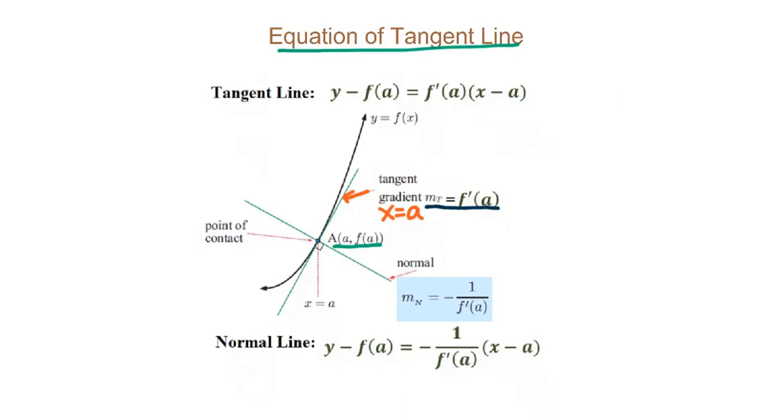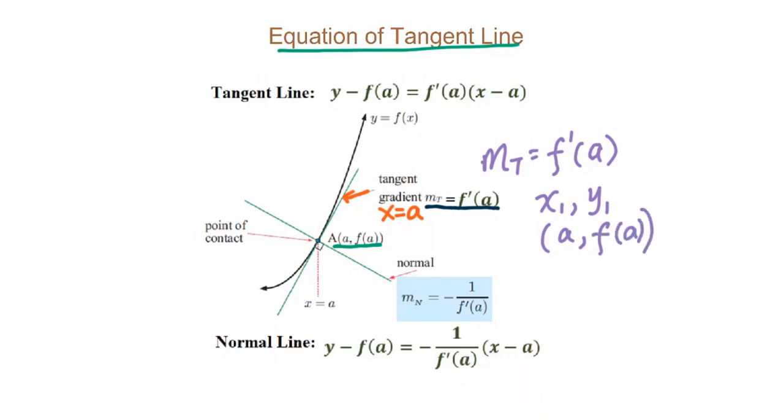If we know the slope of a tangent line, that equals f prime of a, and we know x1, y1, that is a, f of a, then we can use point slope form to write down the equation of a tangent line. That is y minus y1 equals slope times x minus x1. Then we will get the equation for the tangent line.